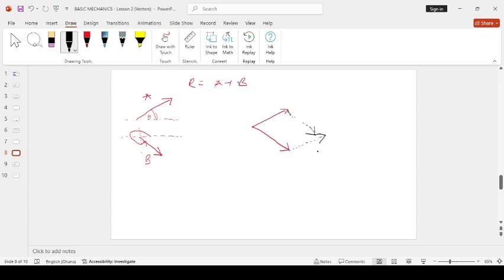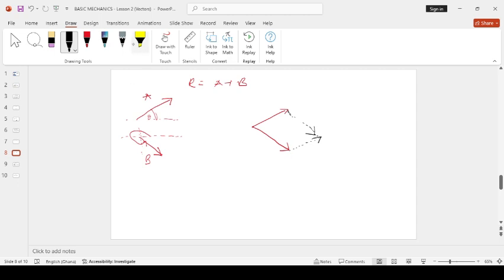Okay, so this is how it's going to look. After I complete the parallelogram, it's going to look like this. All right, so we've been able to complete the parallelogram, and the law is saying that after that, the diagonal of that parallelogram is the resultant of the two vectors.